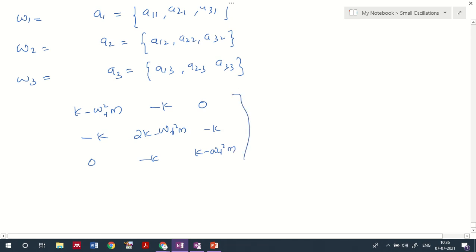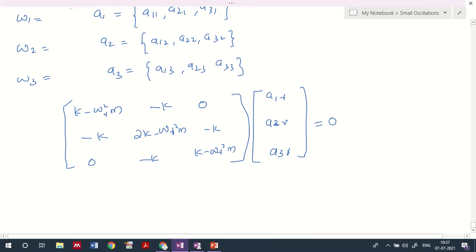Generally, this multiplies a1r, a2r, then a3r, which is equal to 0. So that is what we are basically doing.